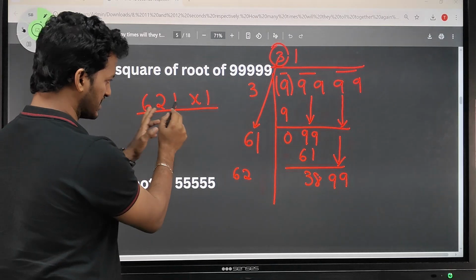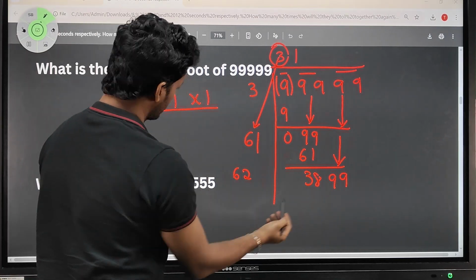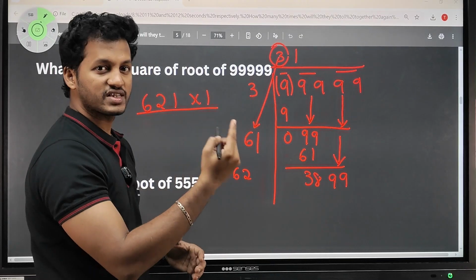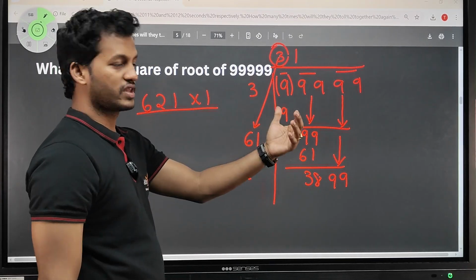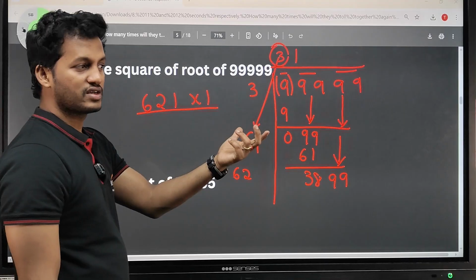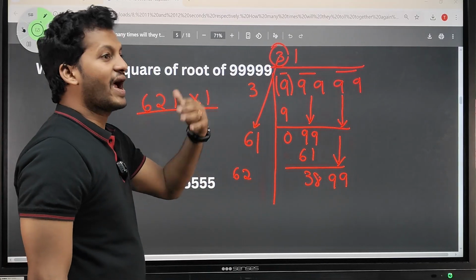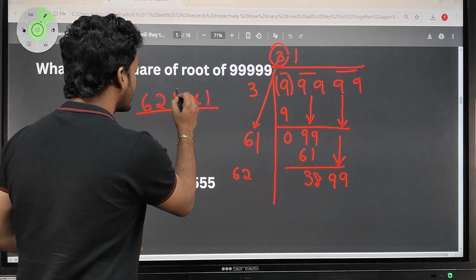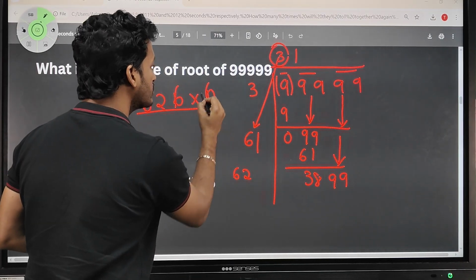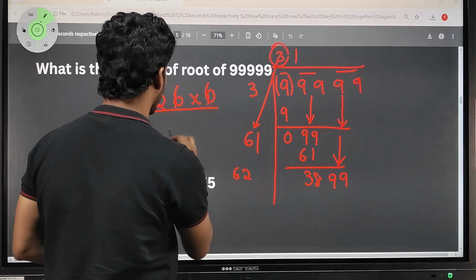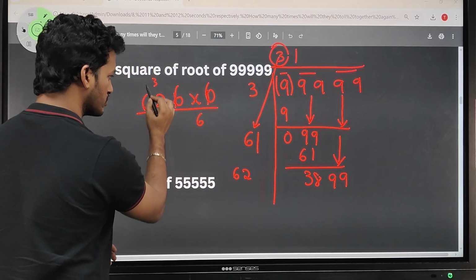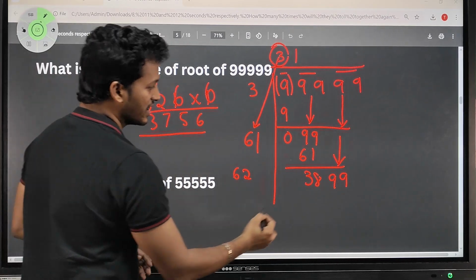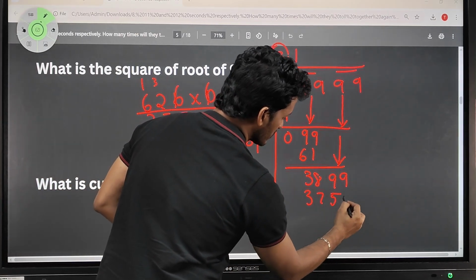To reach 3800, we have to use at least 5, because 5 into 600 gives 3000. And then I'm going for 626 into 6. I hope you understood why I took that number. 6 times 6 is 36, 6 times 2 is 12, 6 times 6 is 36. So 3756 exactly. The number is very near to 3899.